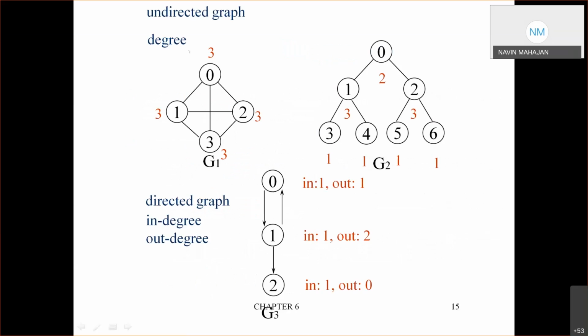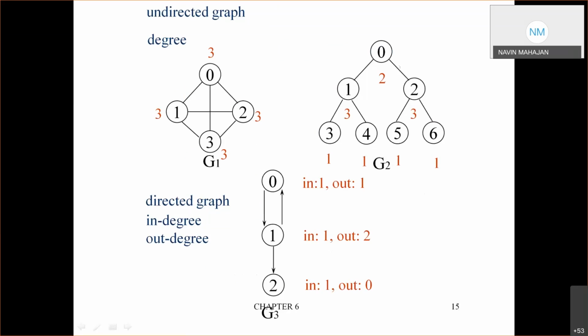What is the degree here? Degree of 0 equals how much? See this, 1, 2, 3: 3 edges connected to this. This is an undirected graph. So the degree of 0, degree of 1, degree of 2, all the vertices is equal to 3, as it is a complete graph. Now take the second one, which is undirected.